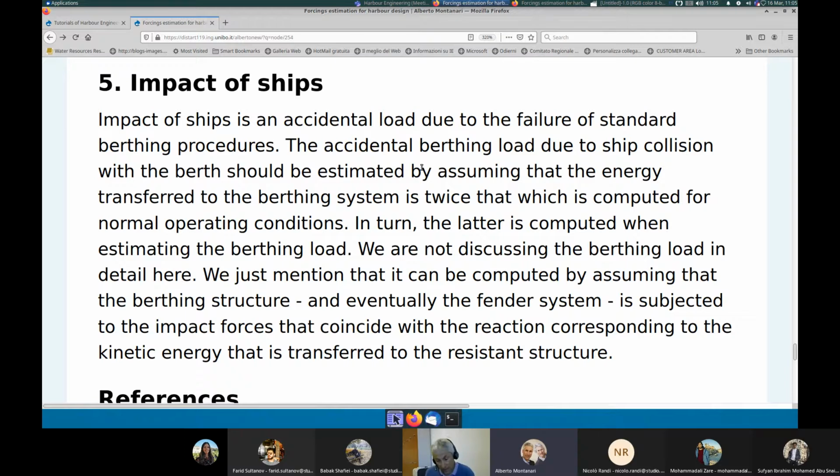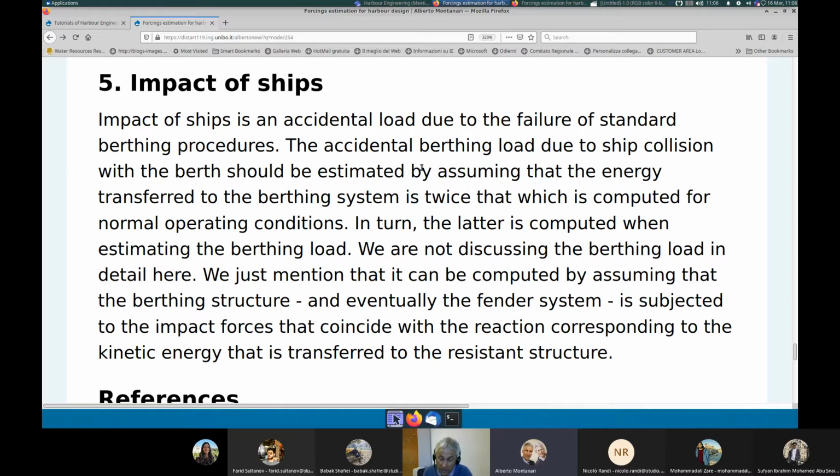And then you are right in saying that if you have another forcing like waves, it's more likely that there is an impact. So basically, the impact is given by the same forcing, because waves are not increasing the velocity of the mooring ship. The waves just make the impact more likely.